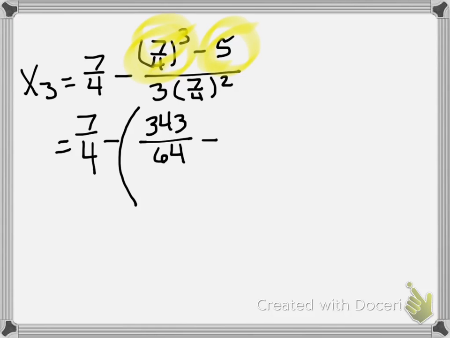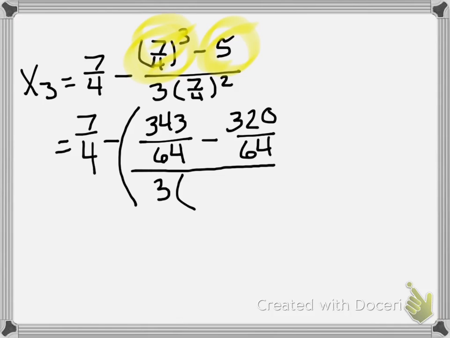So basically just multiply 64 times 5, and that'll give us 320 over 64. So we have a common denominator. That is going to be over 3 times, now right here, 7 squared is going to be 49 over 4 squared, which is 16. Close all that up.